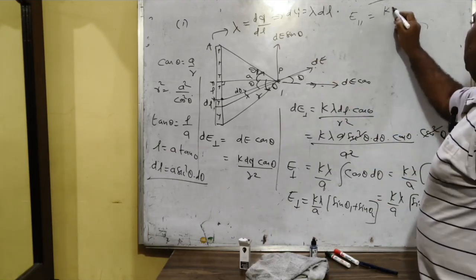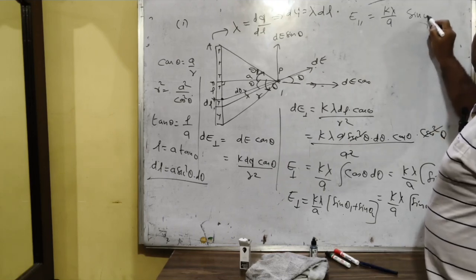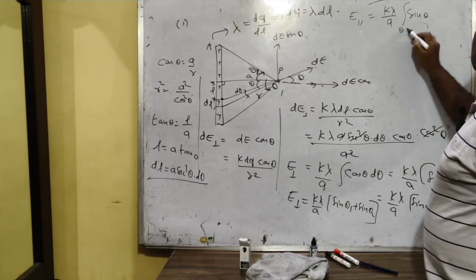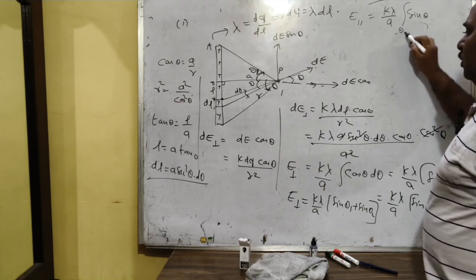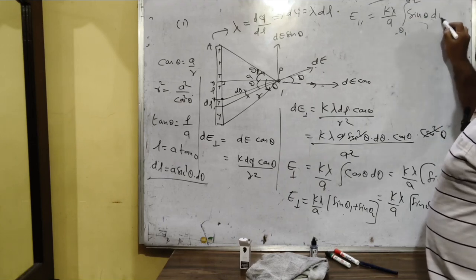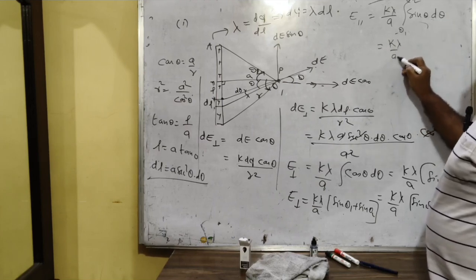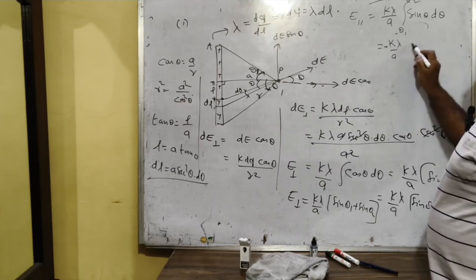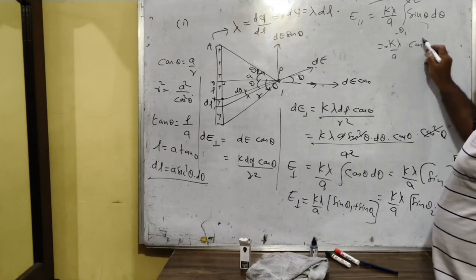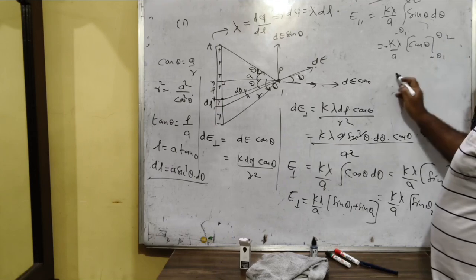That's why k lambda by a, integration of sin theta from minus theta 1 to plus theta 2 into d theta. Remaining everything will be the same: k lambda by a. What is the integration of sin theta? Minus cos theta from minus theta 1 to plus theta 2.